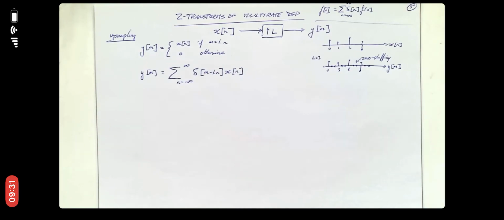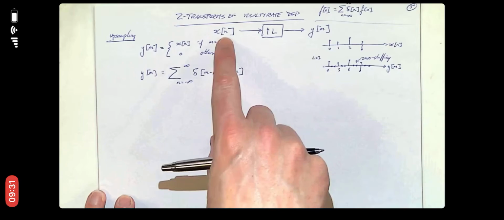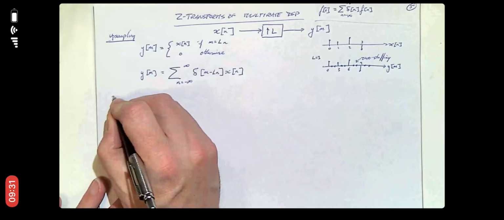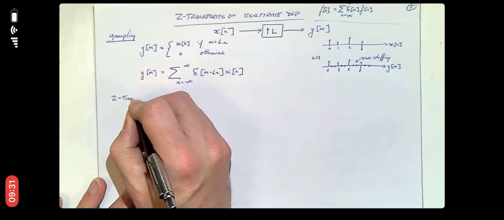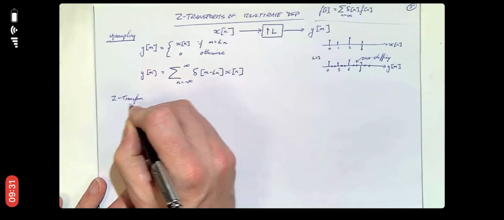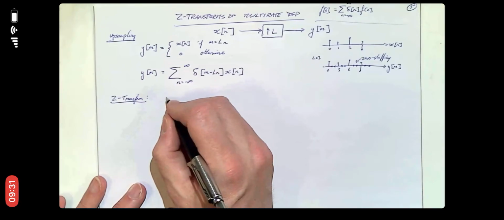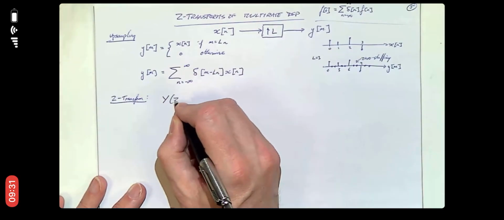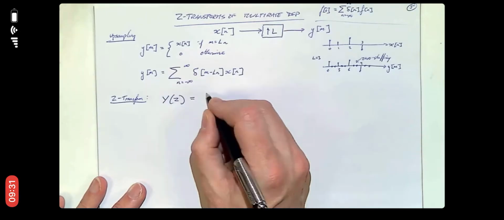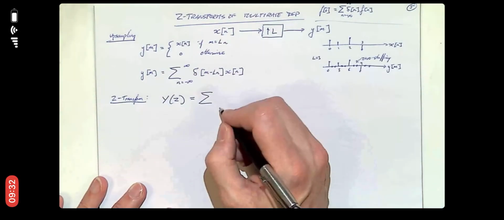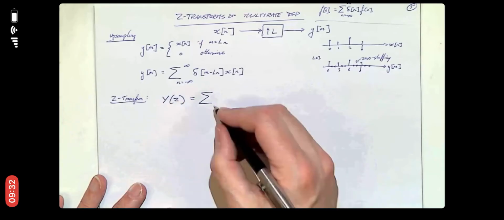Now let's see what happens if we take the Z transform of that. We're looking to see what the Z transform of y is in terms of x. So in general, the Z transform Y of z is equal to, let's just write this down, y in terms of m.